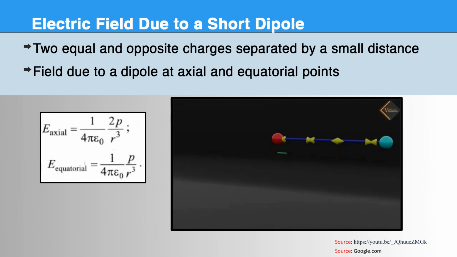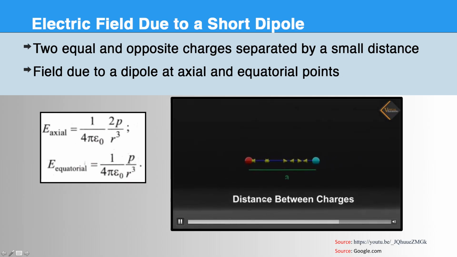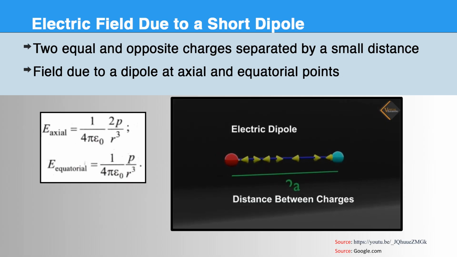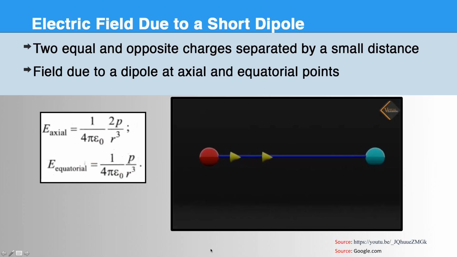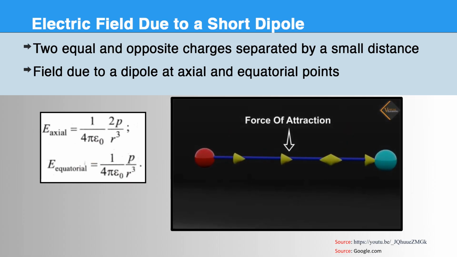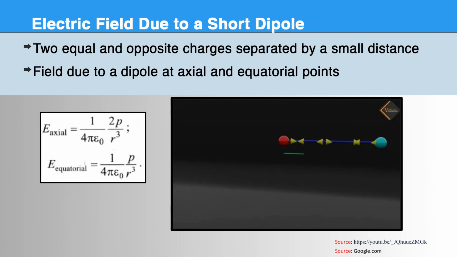What is P? P is the dipole moment, and P equals 2ql. What is epsilon naught? Epsilon naught is the permittivity of free space, and r is the distance from the center of the dipole to the point where the field is being calculated.